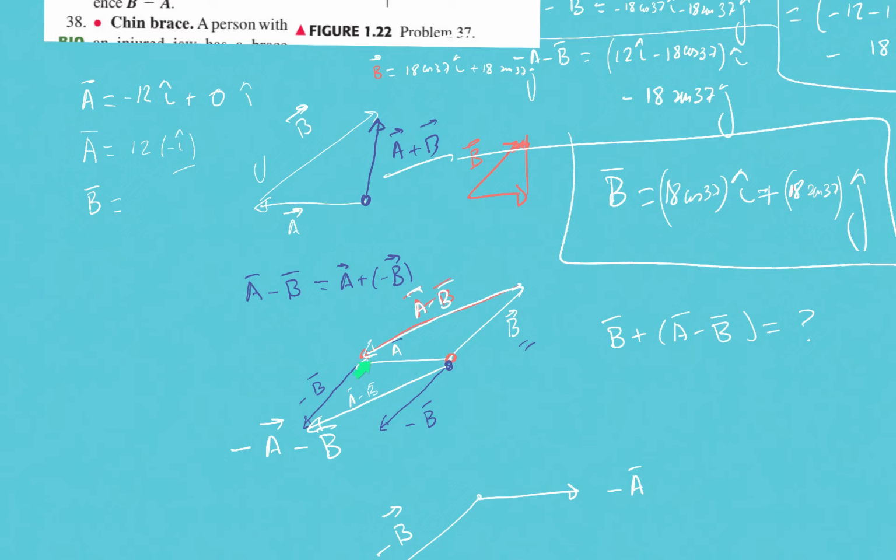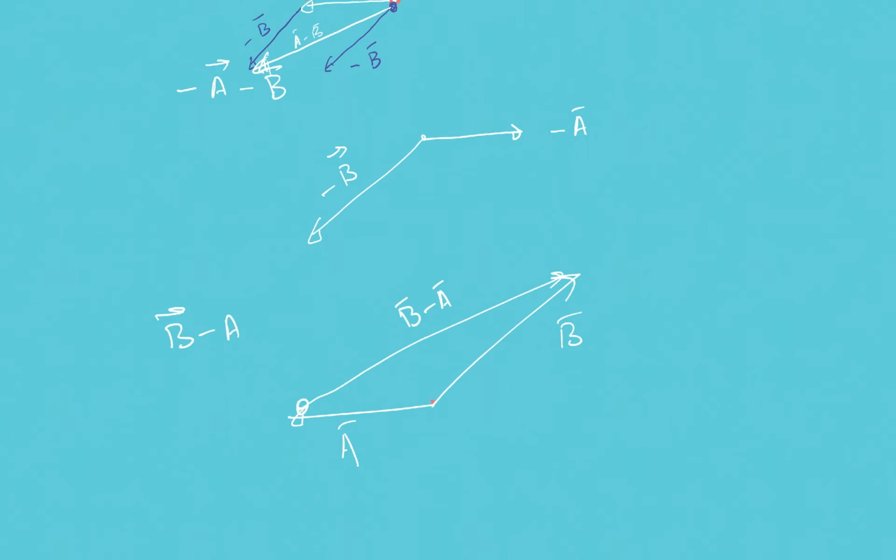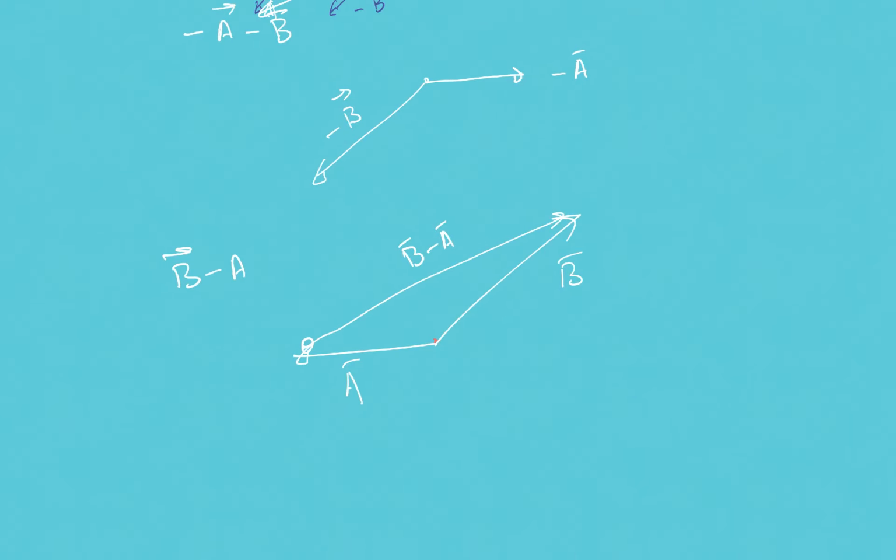So A minus B is this vector. And as you see, if you do a good sketch, this vector A minus B is the same vector as this one. Same direction, same magnitude. So, same vector.